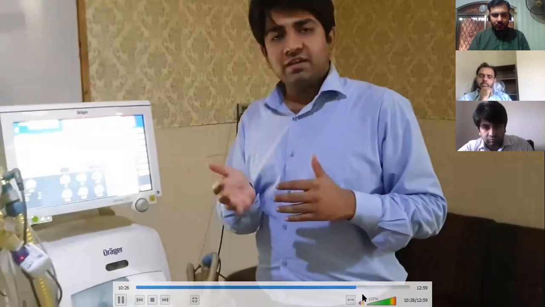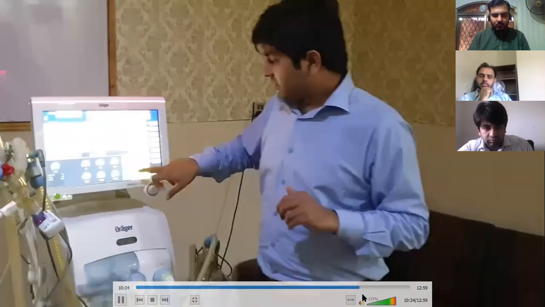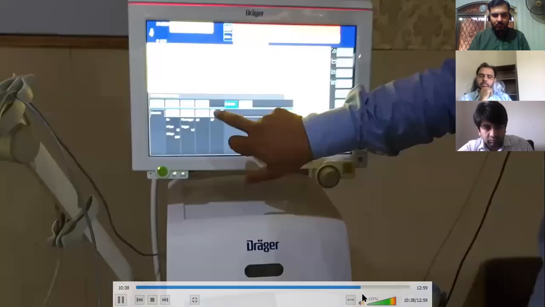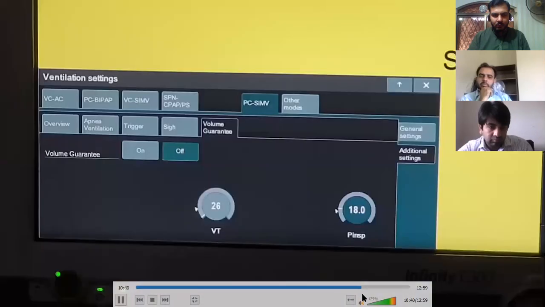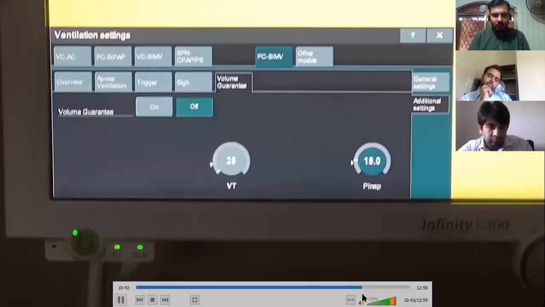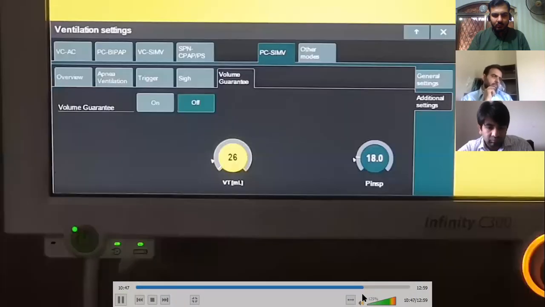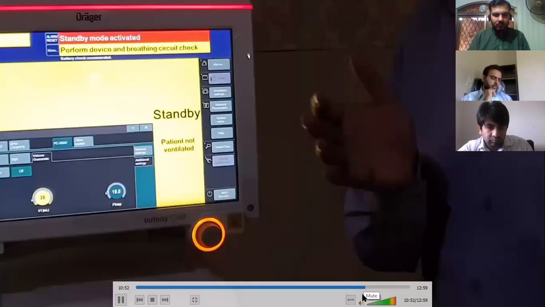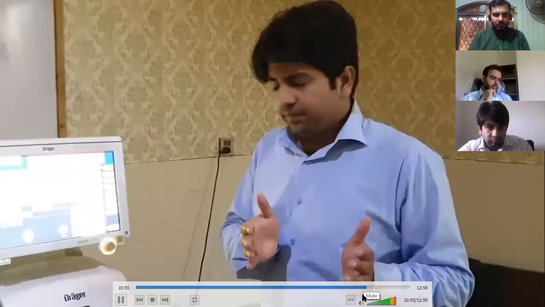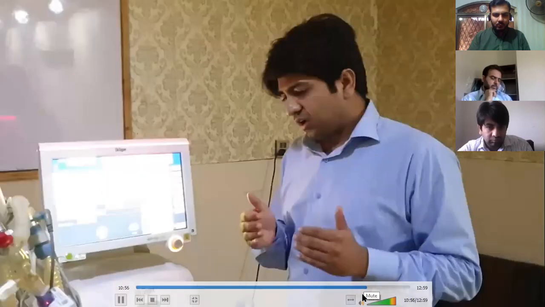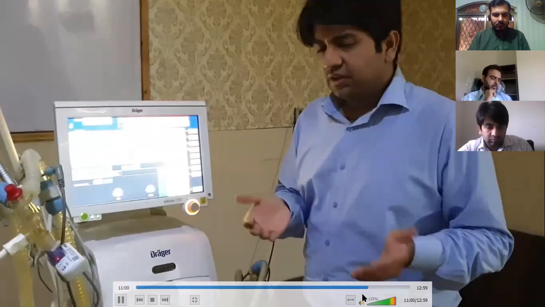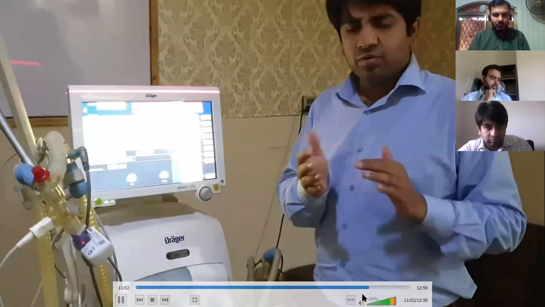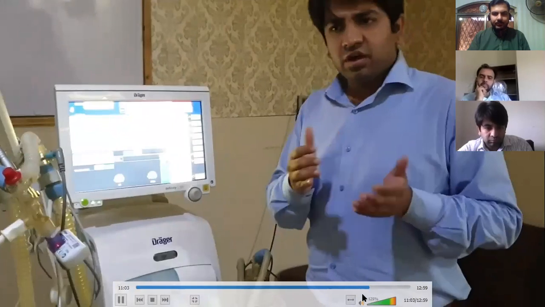These settings can vary. The additional setting in this mode is the volume guarantee option. In pressure control SIMV, we can also set a targeted tidal volume. That is, if we think that we are ventilating a 4 kg baby, and the expected tidal volume of this baby is 8 ml per kg, the tidal volume of this child should be between 30 to 35, and we will adjust the tidal volume to 35.